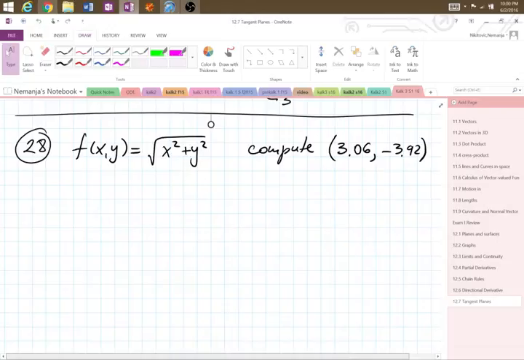Gradients, all that kind of stuff. Well, you have a function for this, computed at (3, -4). Put that together, and then I'll do it.